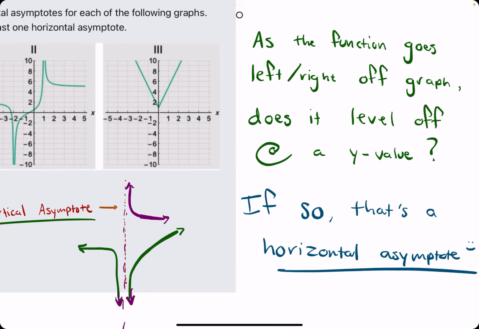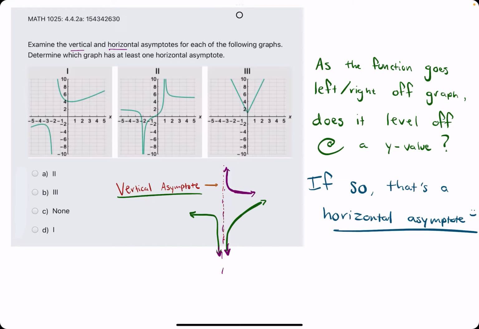For horizontal asymptotes, how I would like you to think about it is as the function goes left and right off the graph. The question is, does it level off at some y value? If so, that is a horizontal asymptote. I want you to clear that notion that you might have learned, that I learned even back in high school, that the function cannot cross the horizontal asymptote.